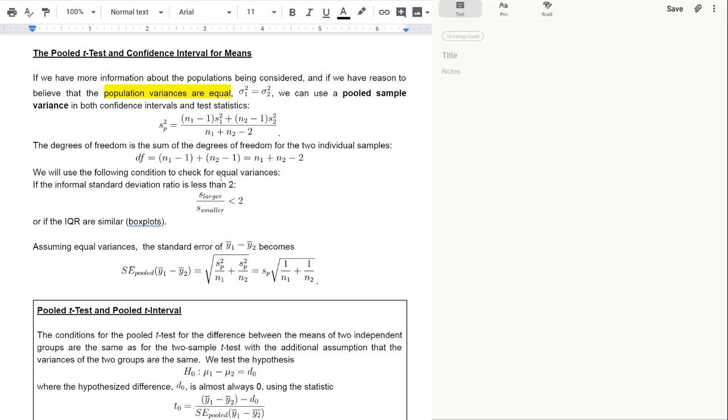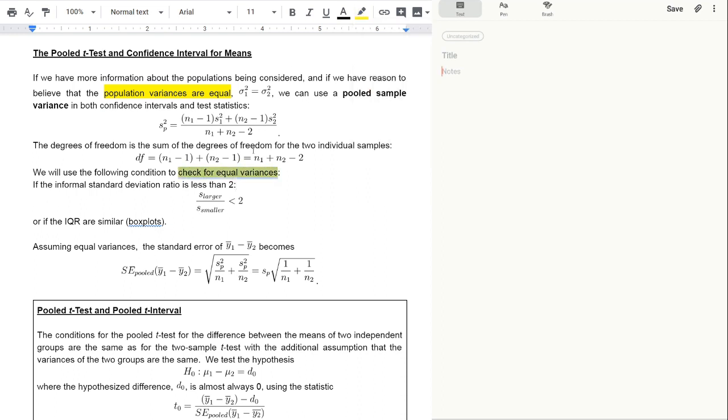So how do we check if we have equal variances for the populations? Well, the method that we will use is comparing the two standard deviations. Okay, so if we take the larger standard deviation and divide it by the smaller standard deviation, and if this ratio is smaller than 2, then we can assume equal variances.